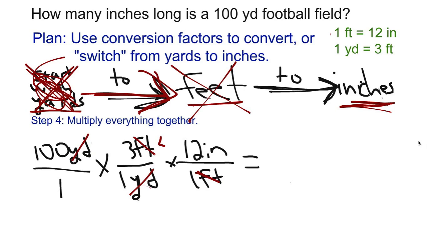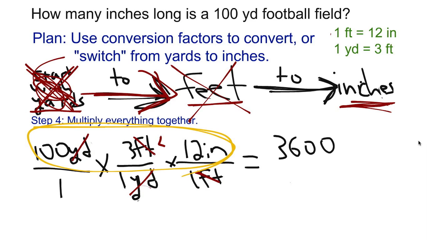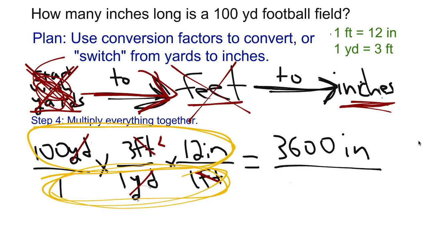So we multiply all the numbers across the top. 100 times 3 times 12 inches gives us 3,600 inches on top. And now we multiply everything on the bottom. 1 times 1 times 1, giving us 1.